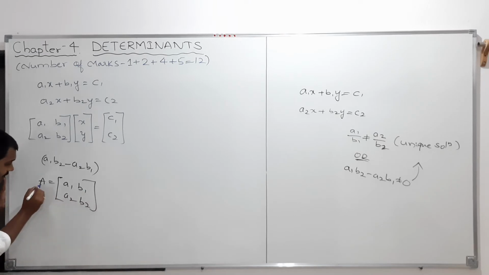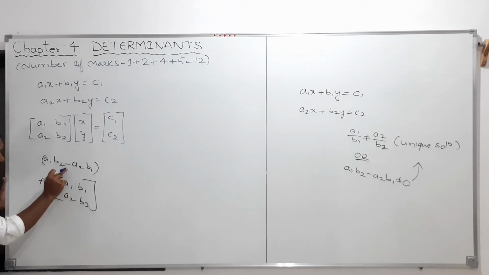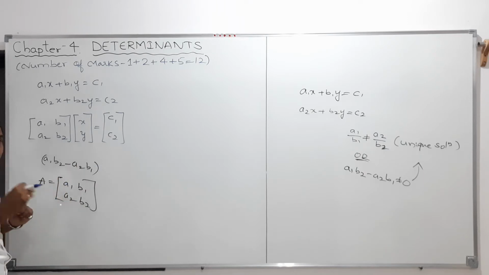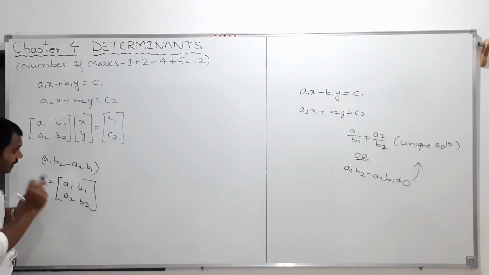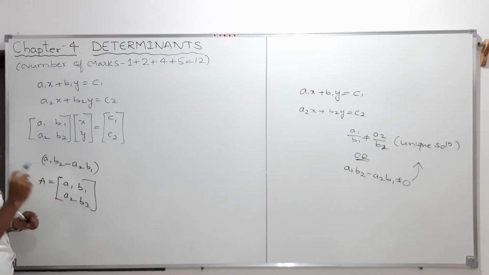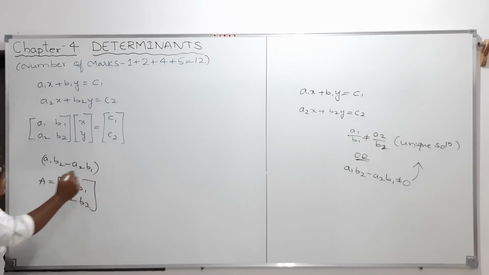So for any given square matrix, this element a1 into this element b2 minus a2 into b1. After solving this we will get a number. This number determines the uniqueness of the given matrix. Therefore, this number you can call the determinant of the given matrix A.